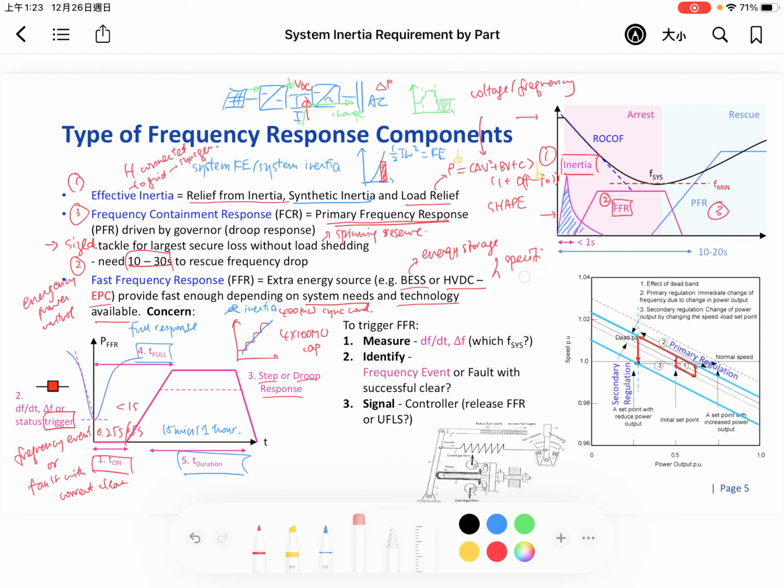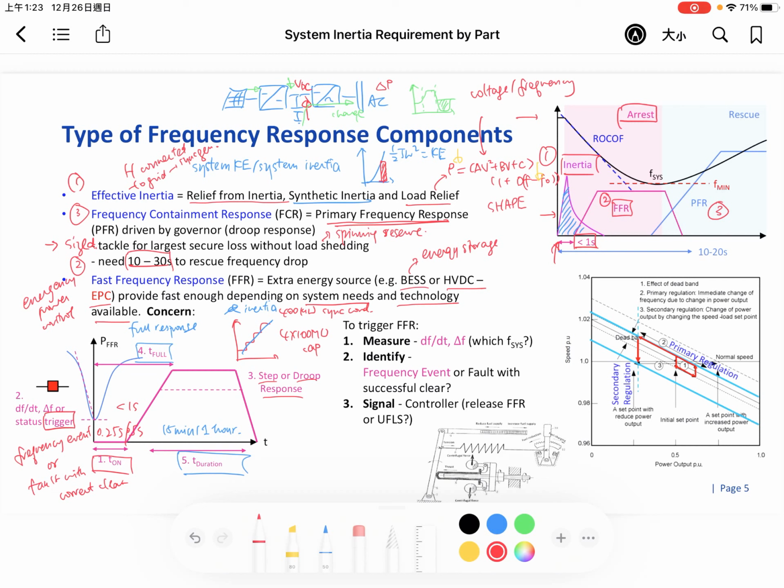Just like as shown in the figure. If you have inertia, then there is no delay. But we notice that there is decreasing inertia. This is a suggestion that you need to have synchronous condensers. In the end, if a synchronous condenser takes a large startup cost and you don't want it, then I can procure some fast frequency response. We have more than 1 second delay, which is to arrest the system frequency drop.